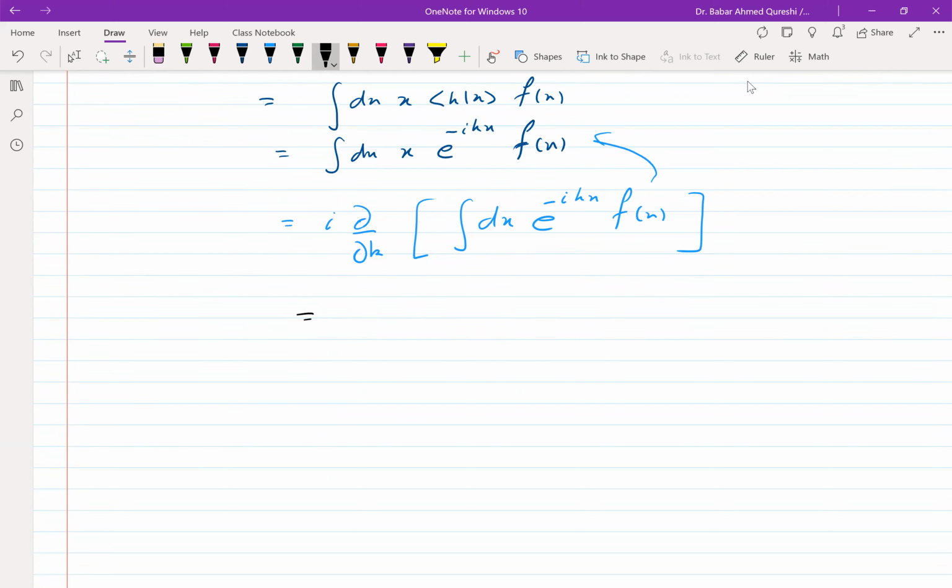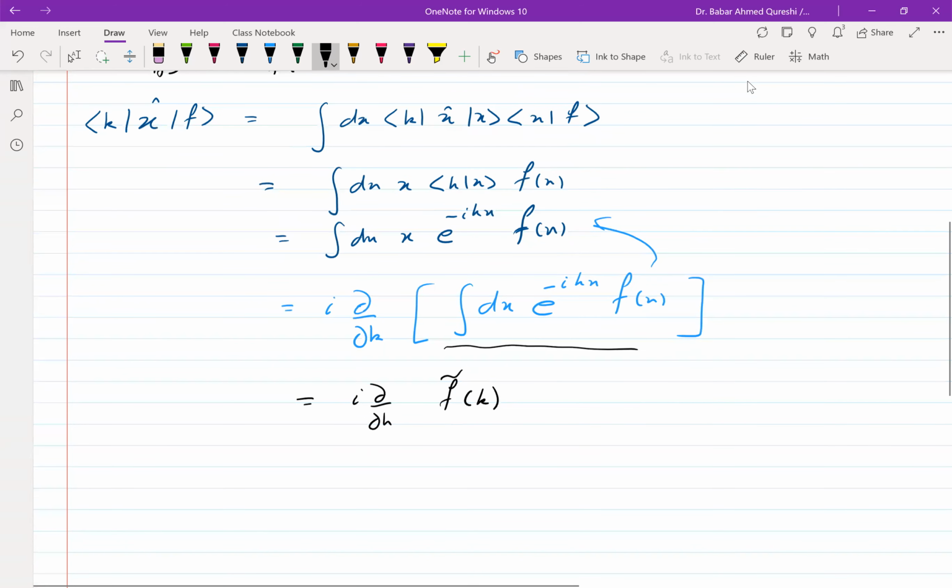So now, what does it mean? This part is just f tilde of k.